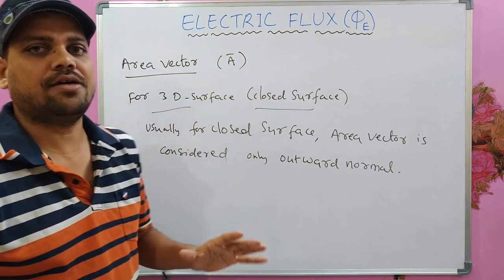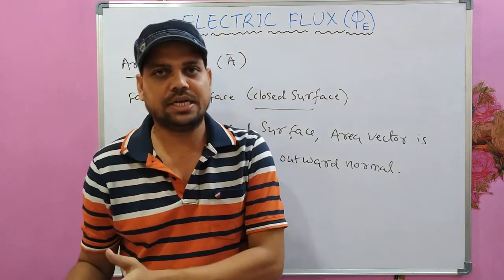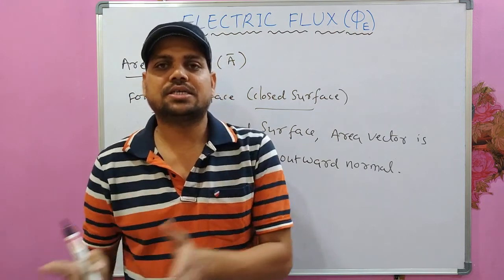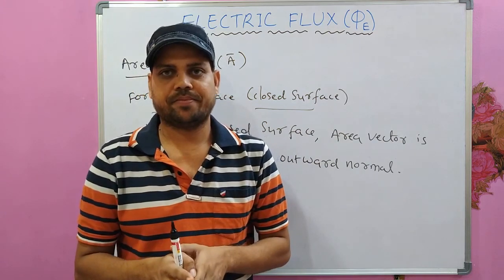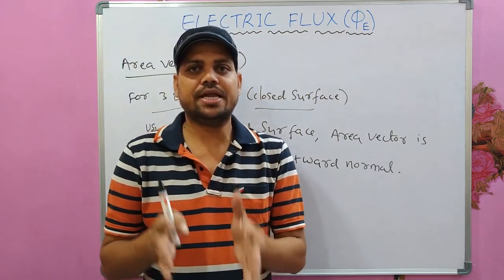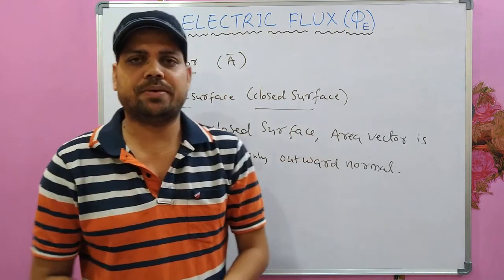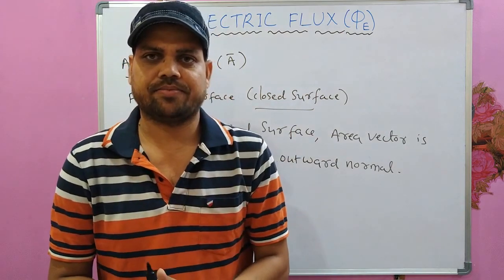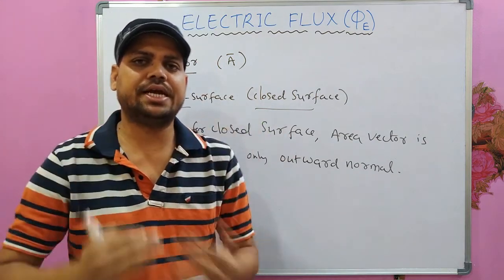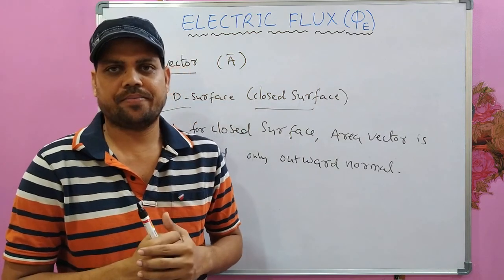Okay, now you might have got an idea about which is 2D surface, which is 3D surface, and what is the direction of area vector for each kind of surface. Okay, so with this knowledge on vector, area vector, now we will go back to our original topic, electric flux, and see what is electric flux and how it is related to the area vector that we have discussed till now.